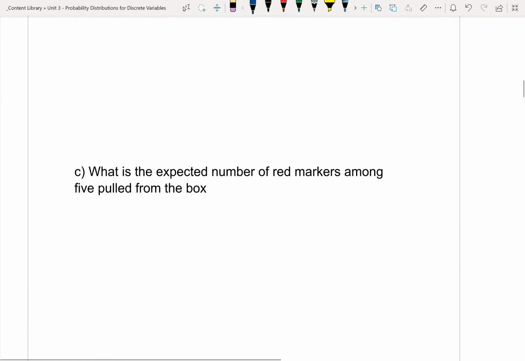In the next question, what is the expected number of red markers pulled from the box, or pulled among 5? So in this case, the expected value is equal to R times A divided by N, which works out to five dependent trials times 12 red markers.